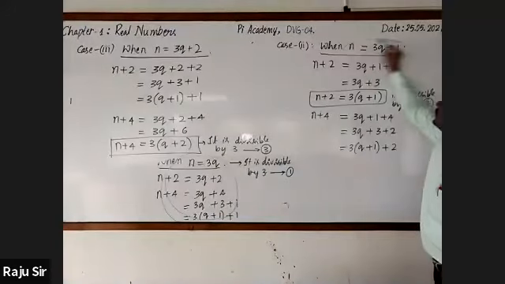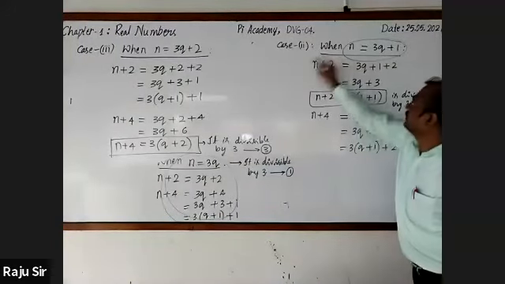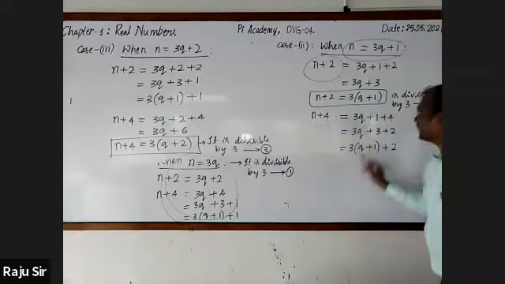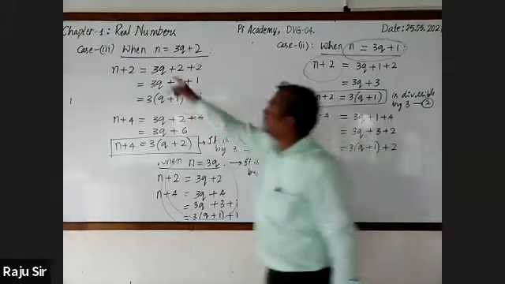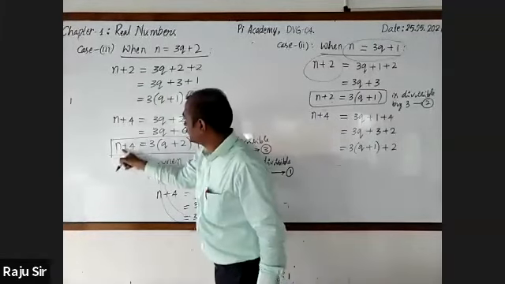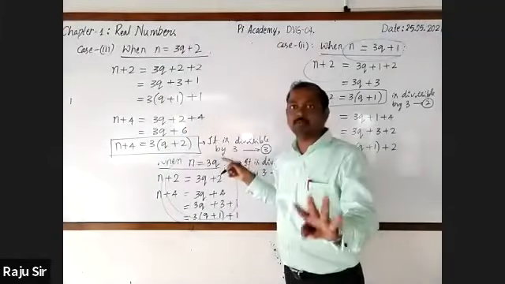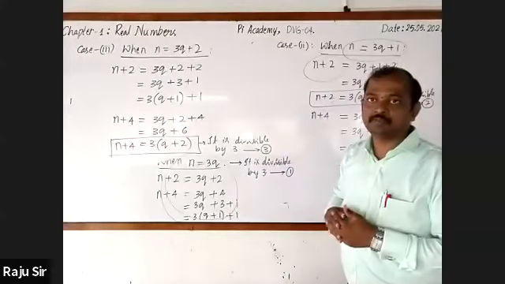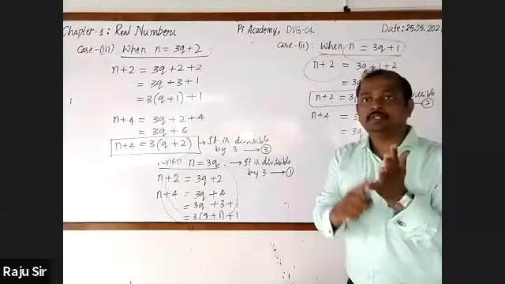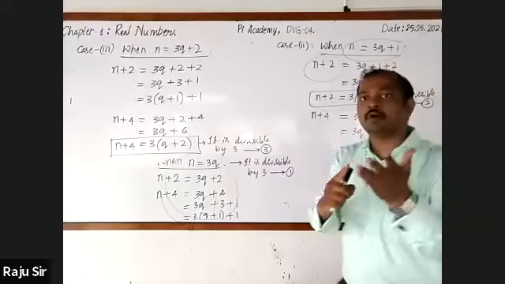Next one, among n, n plus 2, n plus 4, n plus 2 is divisible. In statement 3, n plus 4 is divisible. So, from statements 1, 2, and 3, we can conclude that out of n plus 2 and n plus 4, one is divisible by 3. So, write the conclusion.